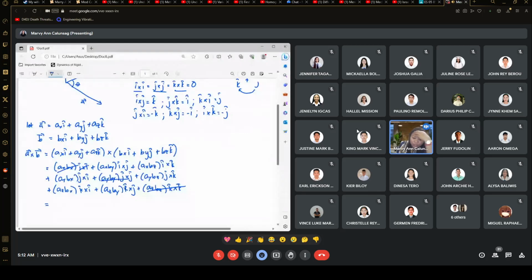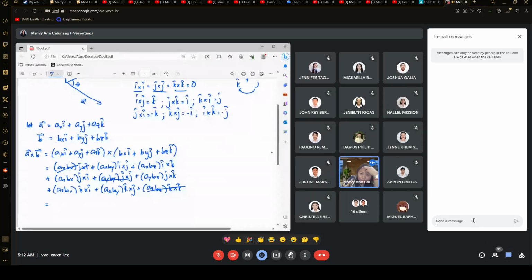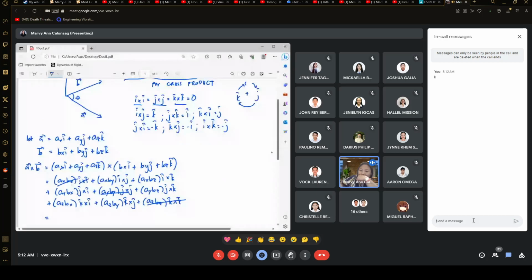So let us try to simplify this. What is I cross J, class? Okay, ma'am. I cross J is positive K. How about I cross K?